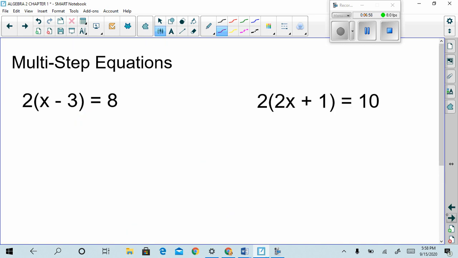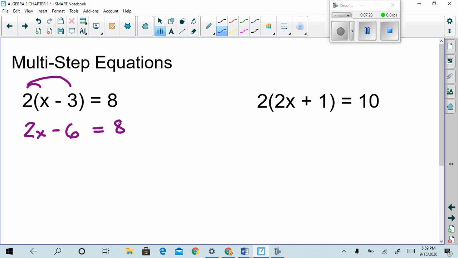Multi-step equations. Multi-step equations might include that distribution that we spent time on last lesson. I'm going to first simplify this by eliminating the parentheses. 2 times x is 2x, 2 times negative 3 is minus 6, and I have 8. I've simplified it one step. Again, multi-step, several things to do.